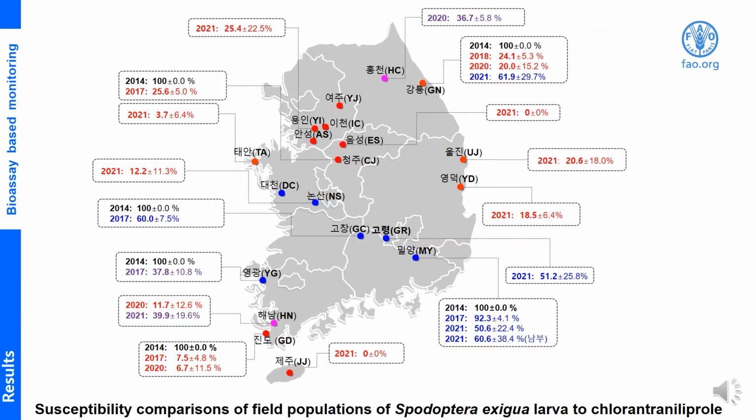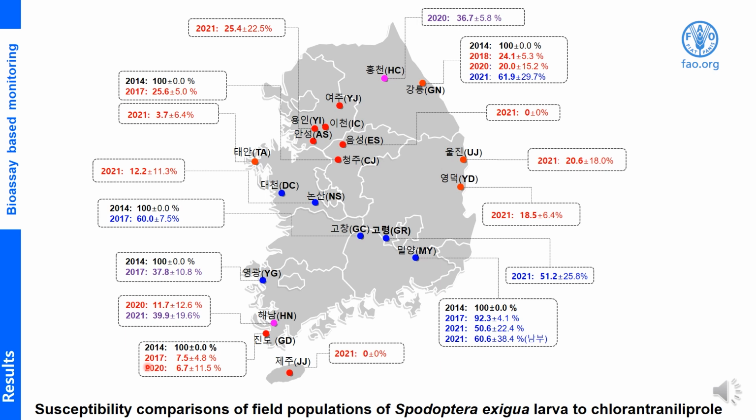This is the result of susceptibility comparisons of field populations of Spodoptera exigua larva to chlorantraniliprole. At the time, we treated just one concentration, that is the recommended concentration. On commercial insecticide products, the recommended concentration is noted on the label.